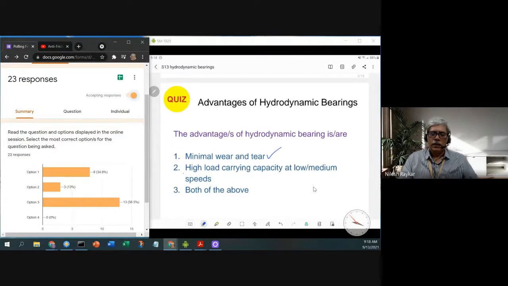High load carrying capacity in general is right, but it is written at low and medium speed. So that is not an advantage but a disadvantage, that at low and medium speed it cannot carry high loads. High load carrying capacity is available only at high speeds. So only the first is correct, the second is wrong, and hence the third is also wrong.